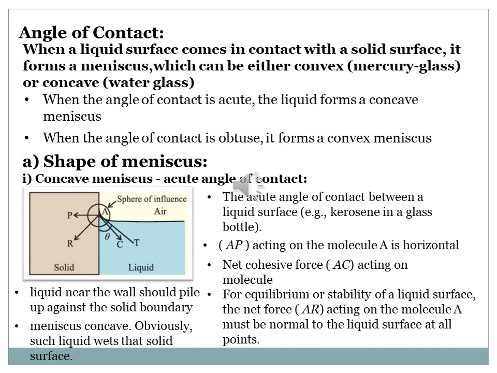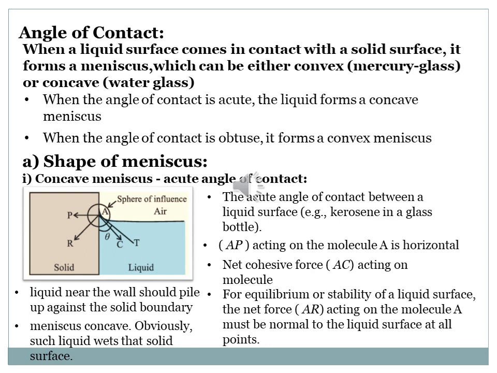Alright. Now, in other terms, what we can say is, for equilibrium or for stability of a liquid surface, the net force, which is AR and AC, should be normal to each other. To become normal, all the molecules go up and they create AT. Alright. So as you can see, AR and AT are nearly perpendicular to each other.